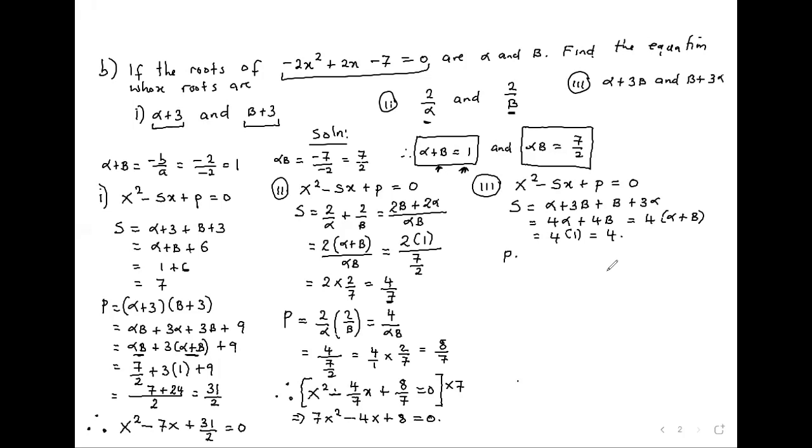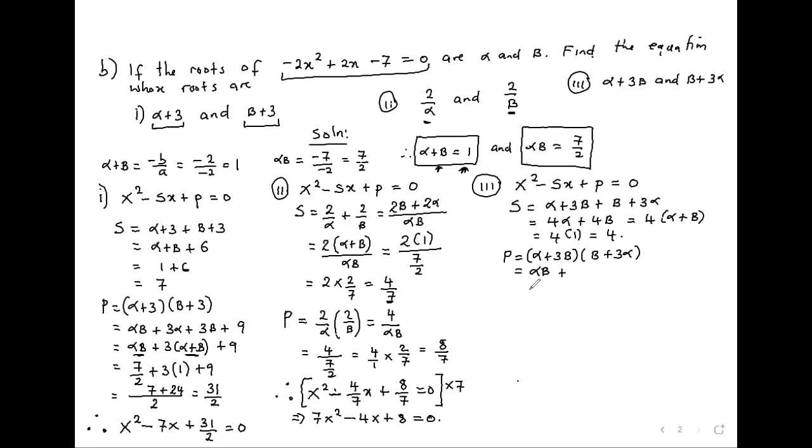Product. Alpha plus 3 beta multiplied by beta plus 3 alpha. Alpha times beta, alpha beta.